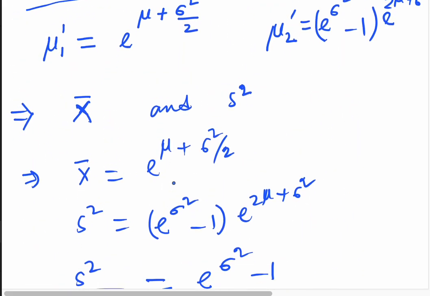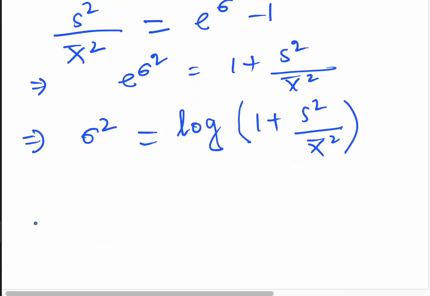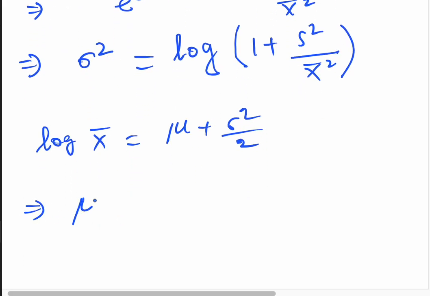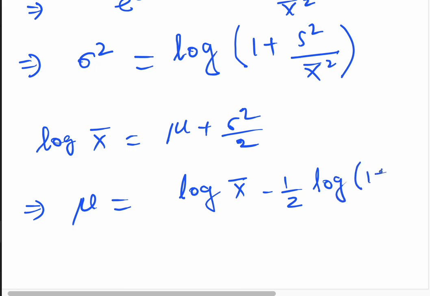Now let's put this value here. Log of x bar will be mu plus sigma square by 2, and mu will be log of x bar minus half of log of 1 plus s square by x bar square.